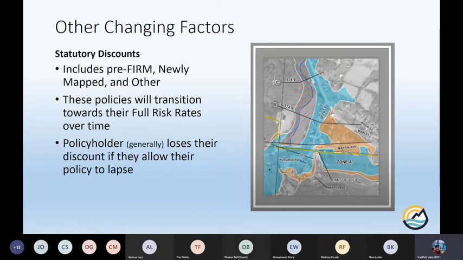If the existing policyholder cancels, or allows their policy to lapse, meaning they wait more than 30 days from when it renewed to pay their premiums, that's considered a lapse. When you come back in, you do not get that discounted rate again. You go straight to full risk. You're going to pay what your structure's risk level is.